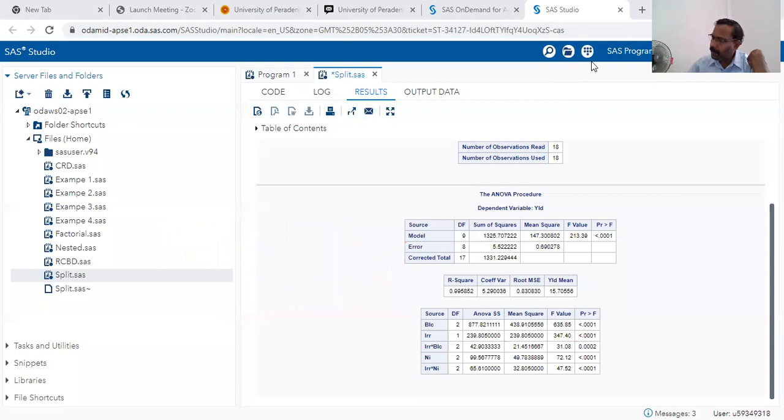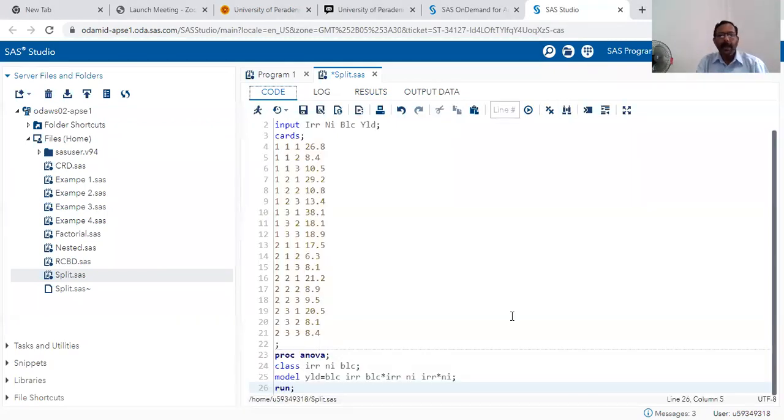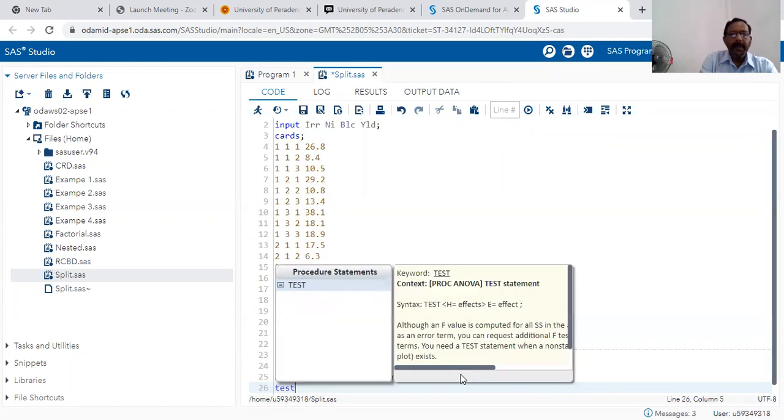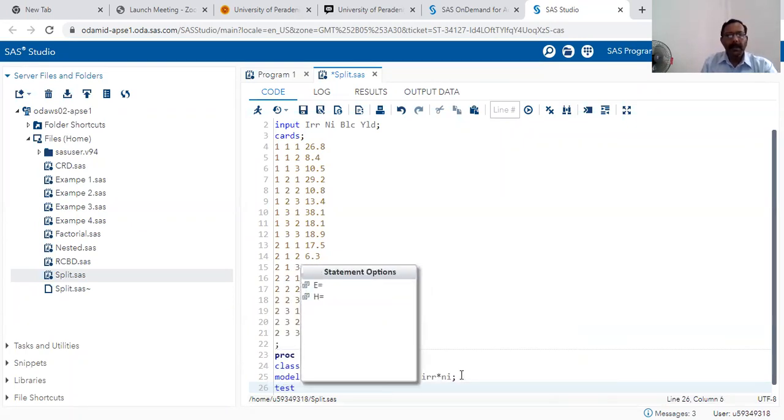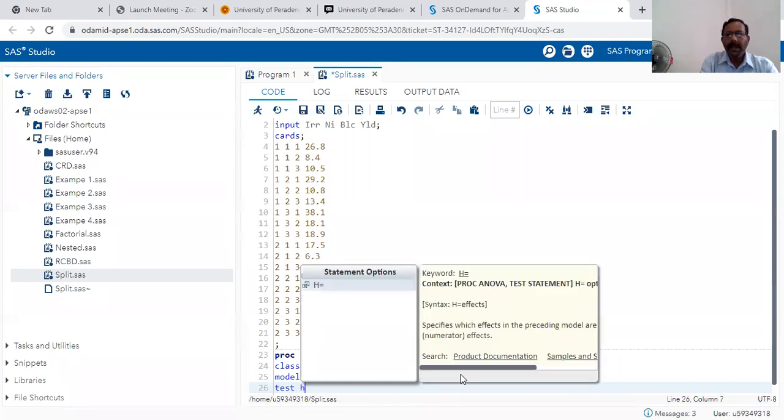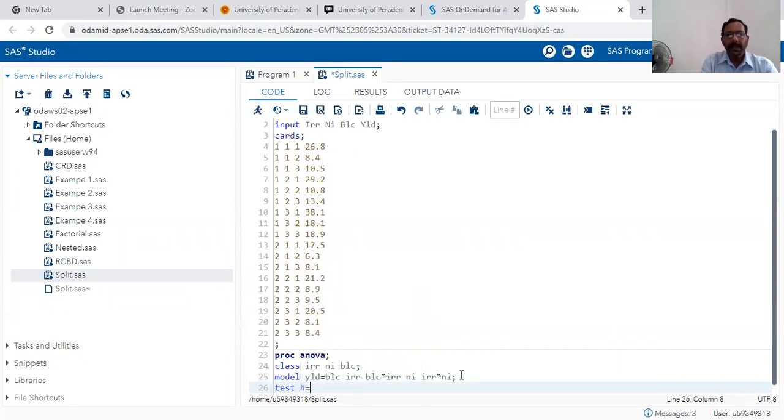You can do it manually, or you can ask the computer to calculate. So I'm going to ask the computer to calculate, similar to the earlier one. Test, anyone? How to write test? Hypothesis, irrigation, error term.